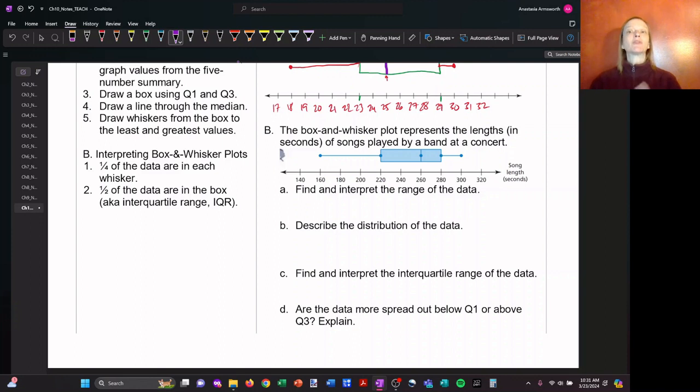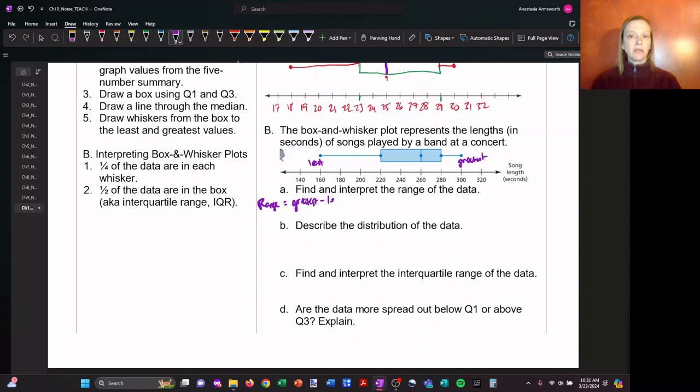It says find and interpret the range of the data. Well, from a box and whisker plot, I can see what my greatest value is, and I can see what my least value is. So I can calculate the range. The range is the greatest value minus the least.